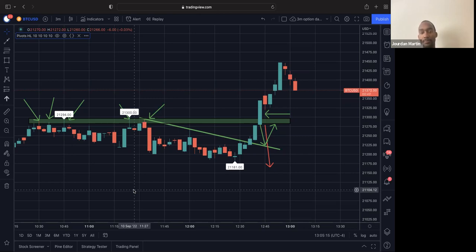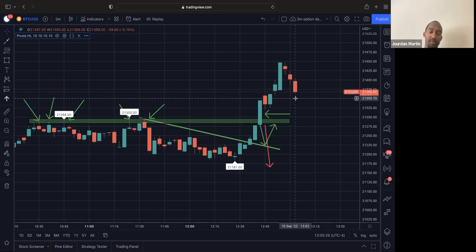It's gonna be interesting to see what happens here. We just broke that. But so the 1, 3, and the 5. If I'm gonna be day trading, then I might be looking at the 30, 15, 5. And then if I'm swinging, I'm looking at the 1 hour and the daily, depending on how long I'm trying to swing.